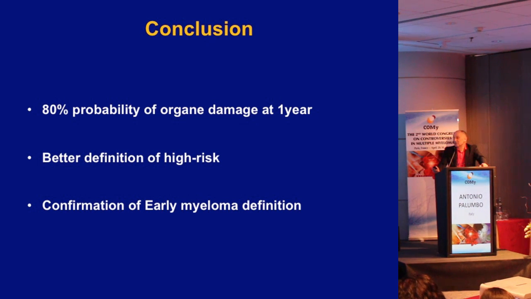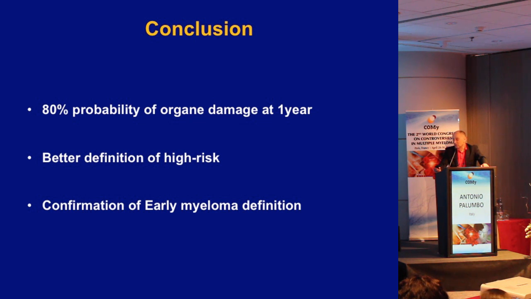To close, and this is my conclusion, I said it already, we have to work to find something that gives us an 80% probability of organ damage. 1 year will be excellent, 2 years might represent, but certainly I want to see someone that has a very high risk of transformation in at least 1 to 2 years.